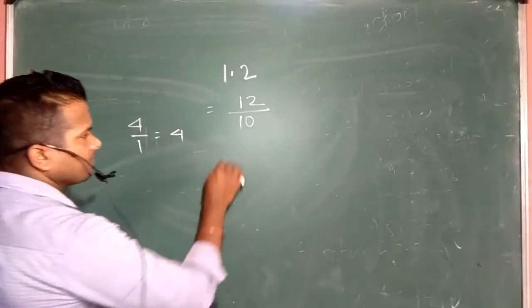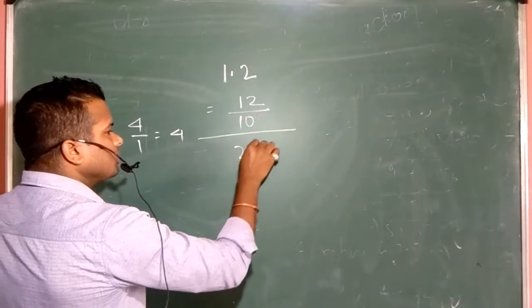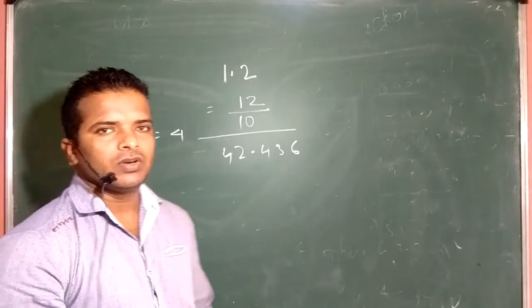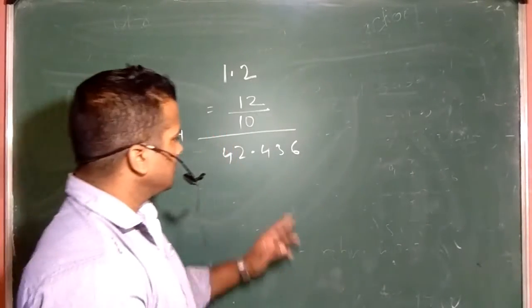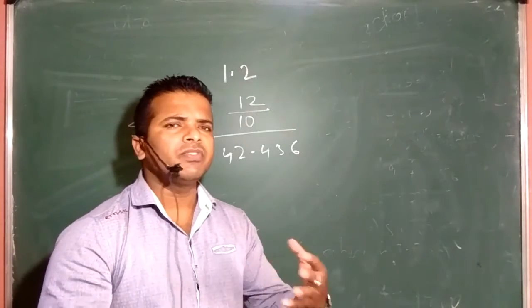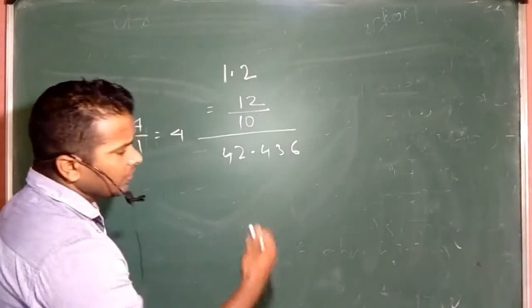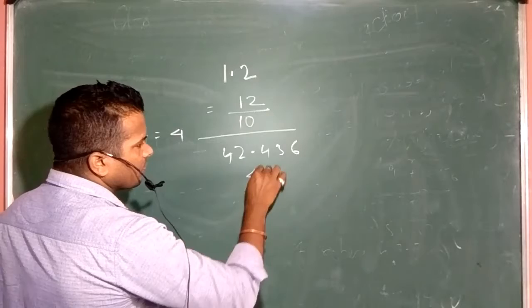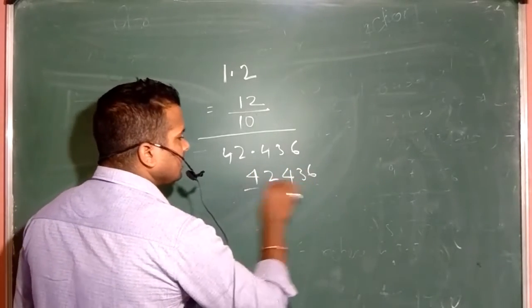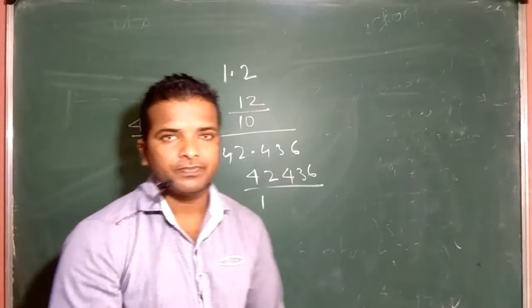Let's take another example. For example, 42.436. The question is to convert it to a fraction. So we get 42436 divided by 1, as I told you.